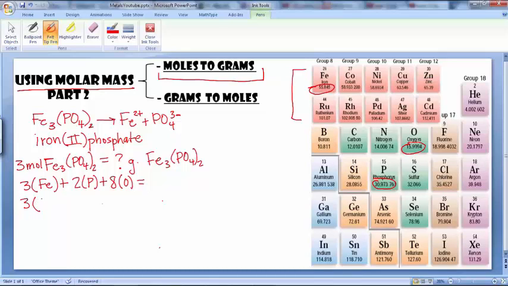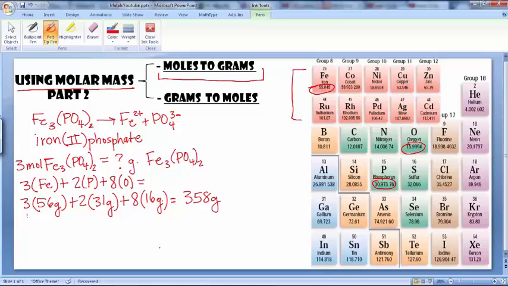Okay, so let me say iron, we're gonna round that to 56 grams, plus 2 phosphorus atoms, and phosphorus is, let's say, 31 grams, plus 8 oxygen atoms. We're going to round it to 16 grams. So the total you should get out of that is 358 grams if I calculated it correctly.